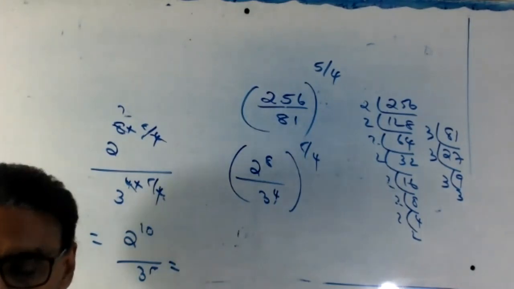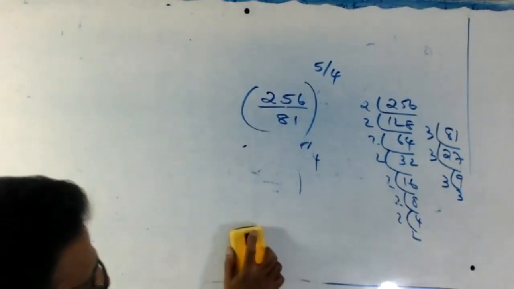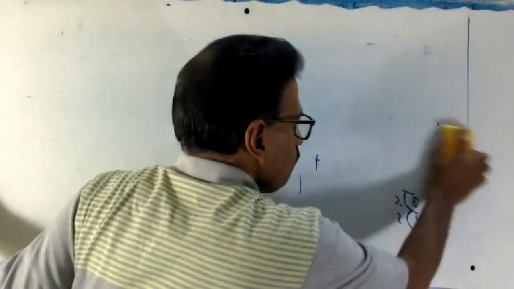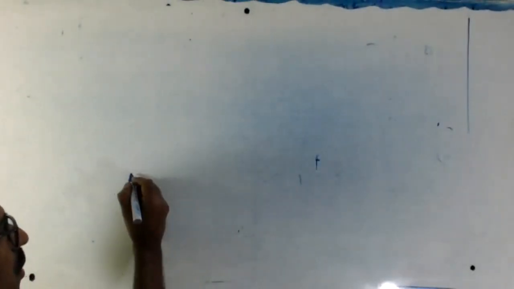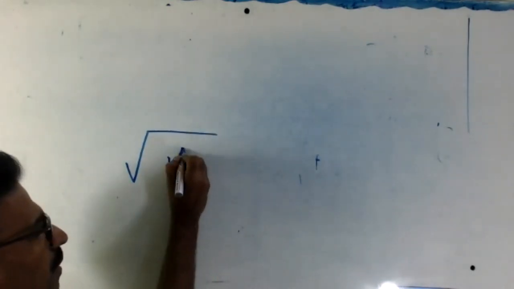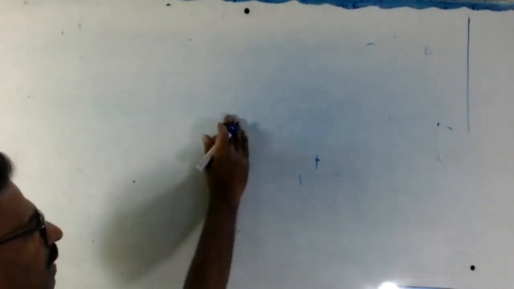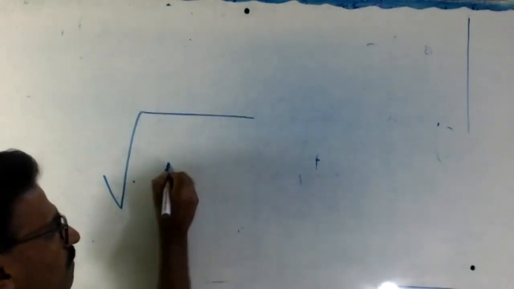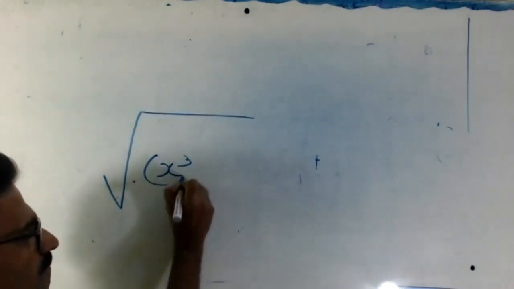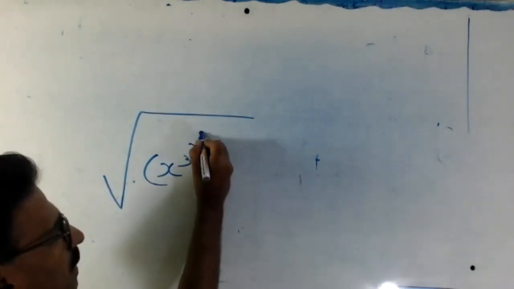Okay, let me start the next question. We try this question: cube root of x cube, whole raised to 2 by 3. I'll write a bit bigger. Raised to 2 by 3.